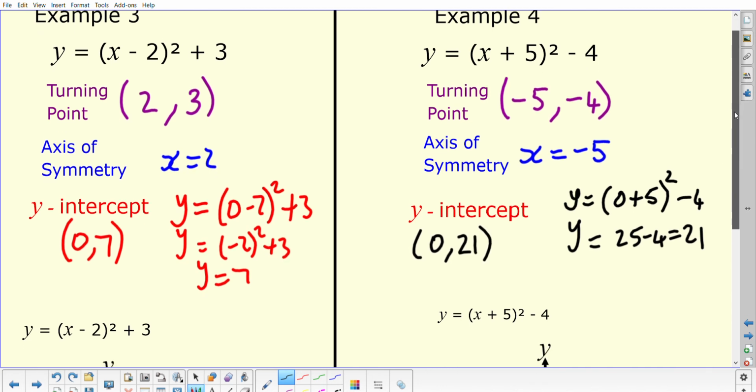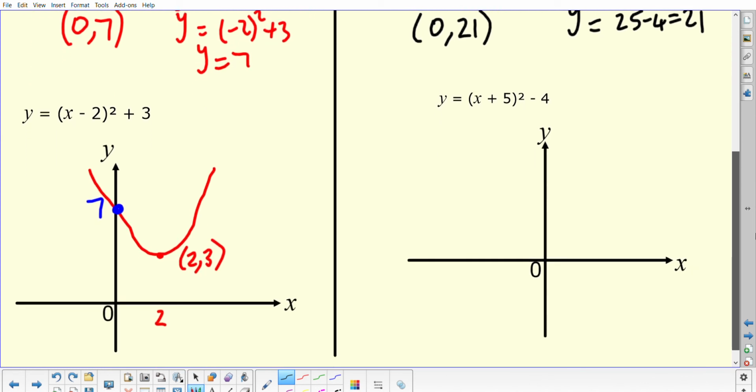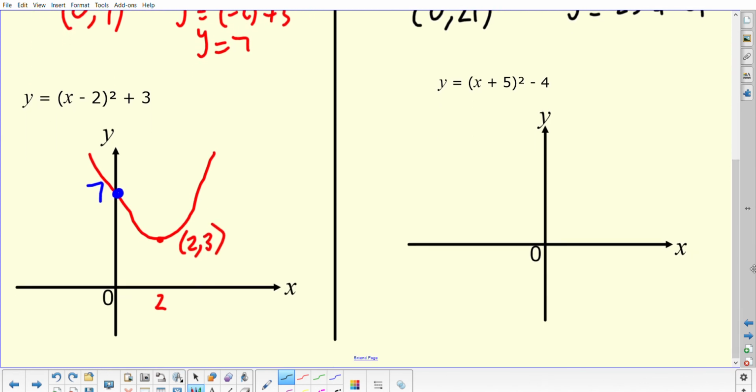So I need to plot the turning point to get the graph drawn. The position of -5 would be along to the left of the 0, and then -4 brings me down here.